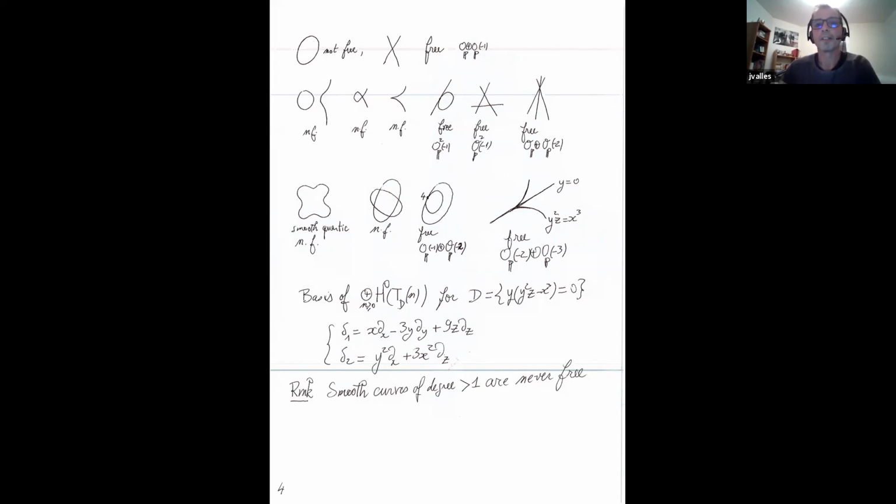So some special combinatorics would impose the freeness of the divisor, and it is still not proved. And for instance, for lines, it is proved up to 13 lines, and that's all. So we don't know for 14 lines if it is true or if it is not true.